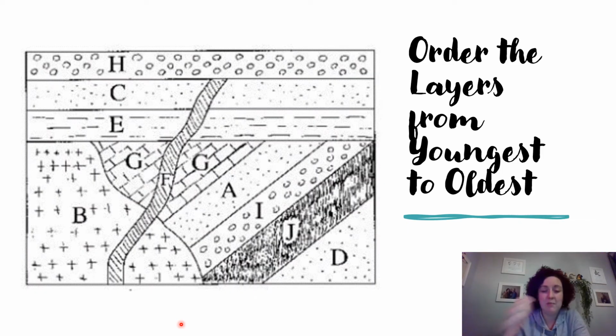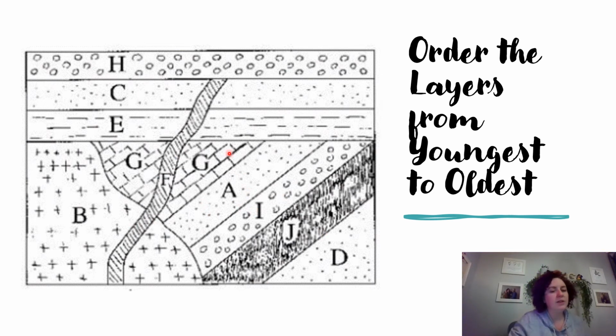So to me, D would have to be the oldest. Again, I imagine the picture twisted a little so it's all going horizontally. D would be at the bottom, and I imagine B cut across all of those layers. So oldest, D, then J, I, A.